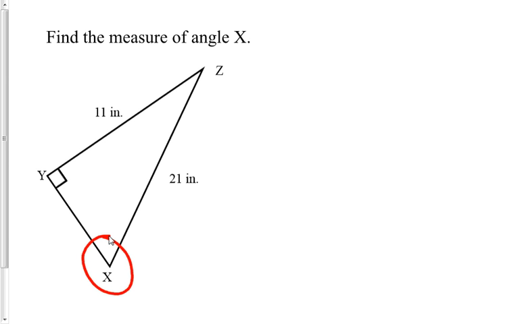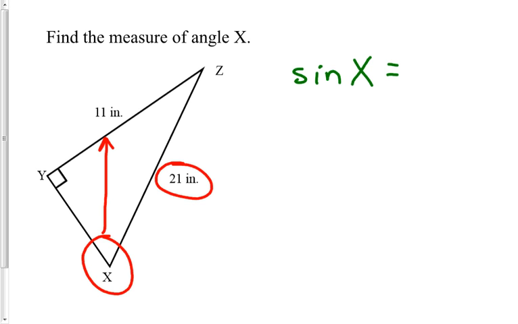Looking at the side lengths that we know, this is going to be opposite, and we know this, which is the hypotenuse. Opposite over hypotenuse is sine. So I'm going to set up my trig equation. Sine of angle X equals the opposite side length, 11, over the hypotenuse length, 21.